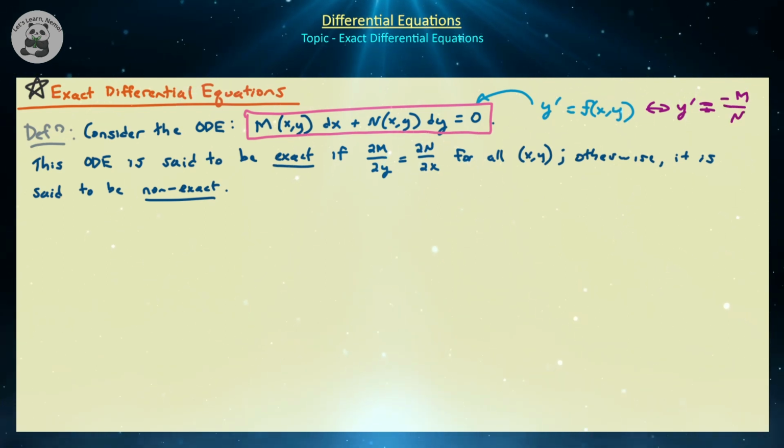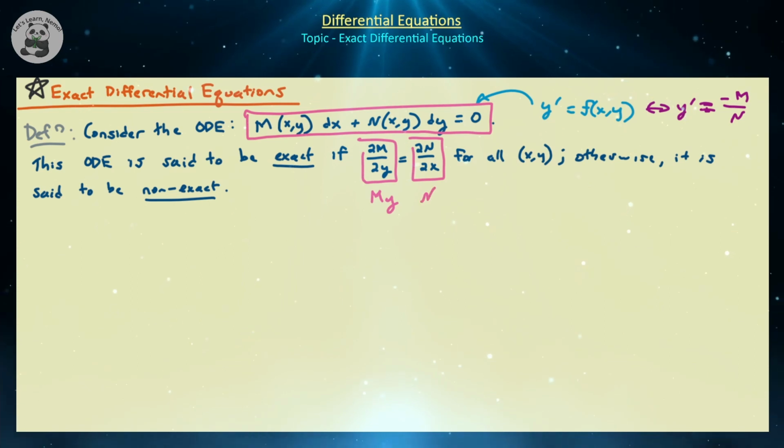So if you have an f(x,y), you can easily identify what your minus M is and what your N is from that. Okay, so once you have identified these functions M and N, then what you're going to do is take the partial derivative of M with respect to y, right? Sometimes people abbreviate it with subscript differential variables. And then you're also going to take the partial derivative of N with respect to x.